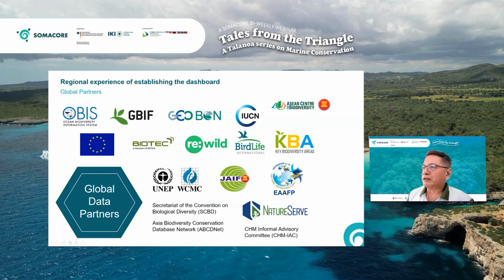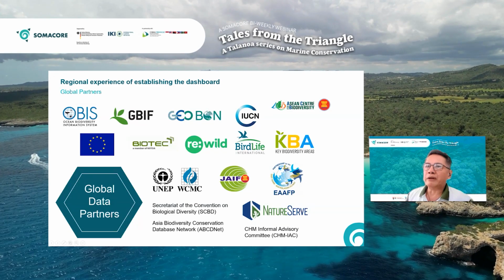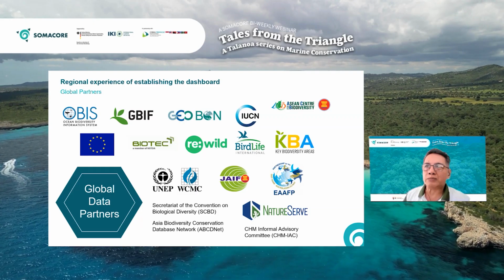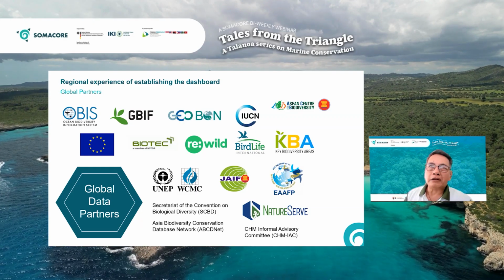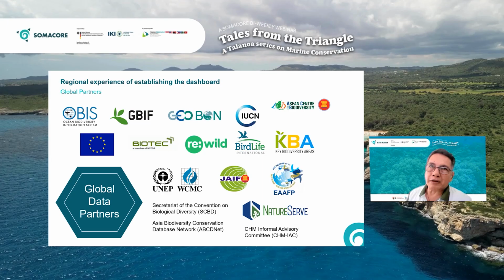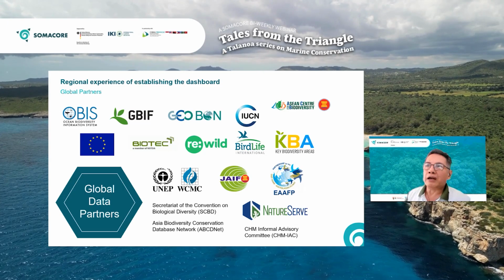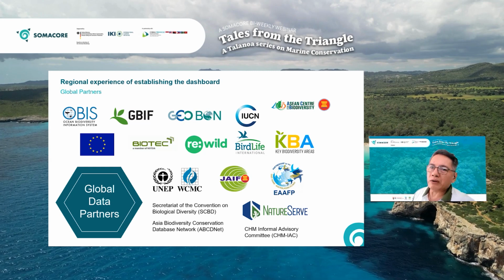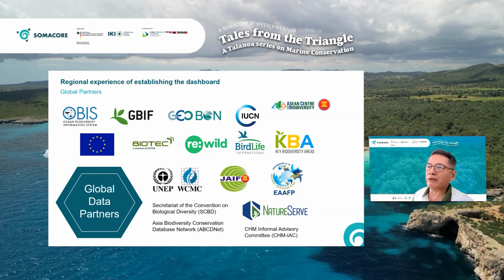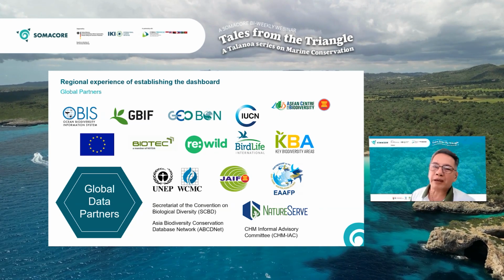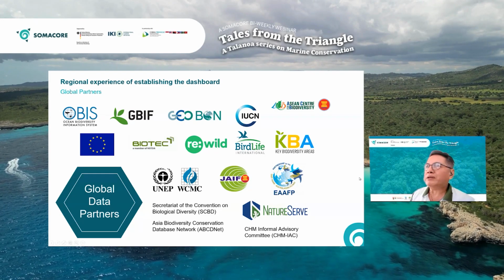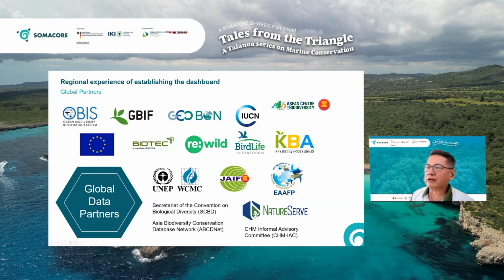So these are the data partners that we have. We already have this even before we thought of creating the dashboard. The Biodiversity Knowledge Management Department of ACB has already established this partnership a long time ago, when we were still developing the clearing house mechanism. So we have OBIS, TB, and everything here.